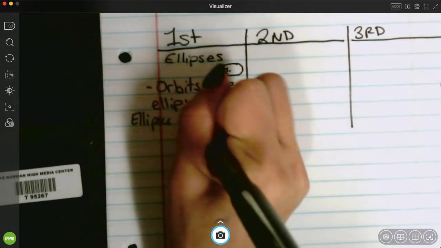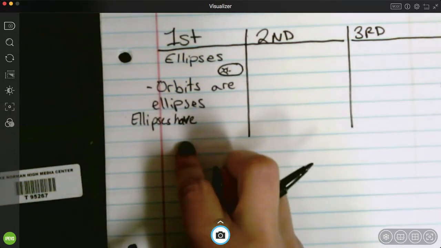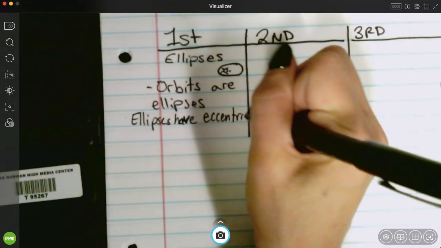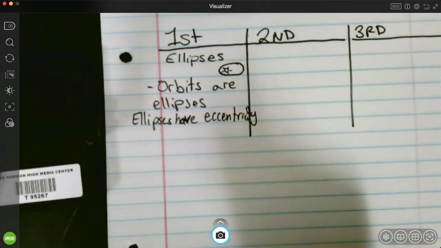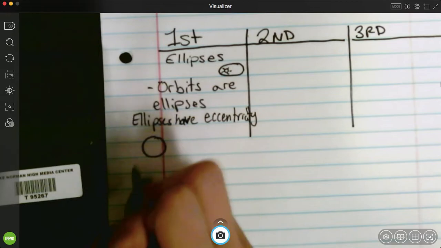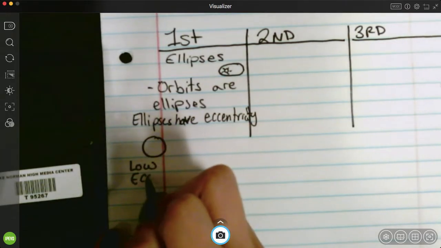Ellipses have eccentricity. A circle is low eccentricity.